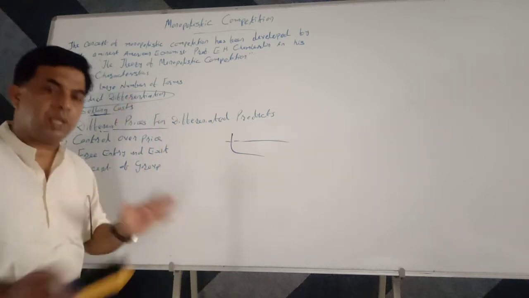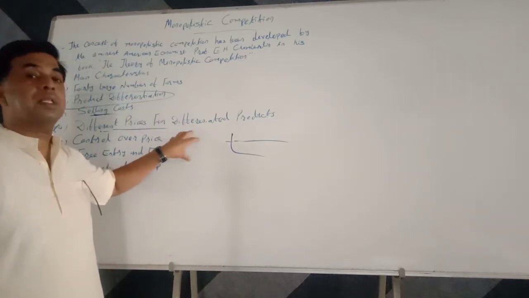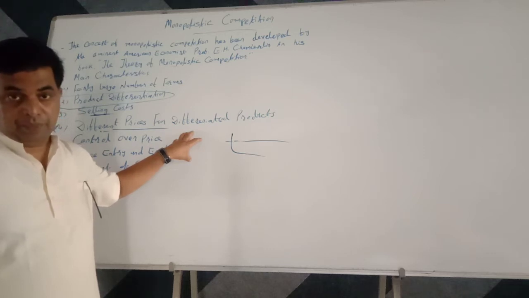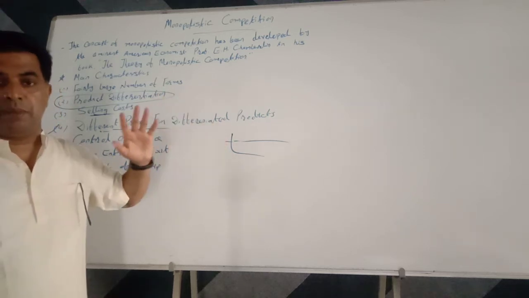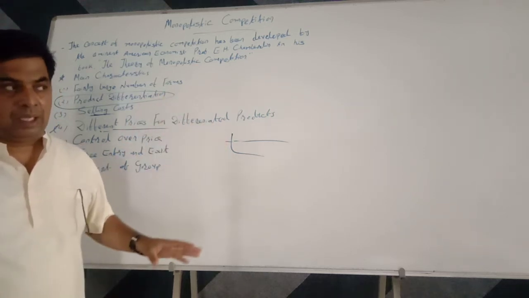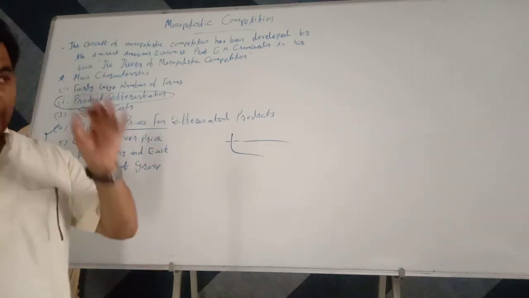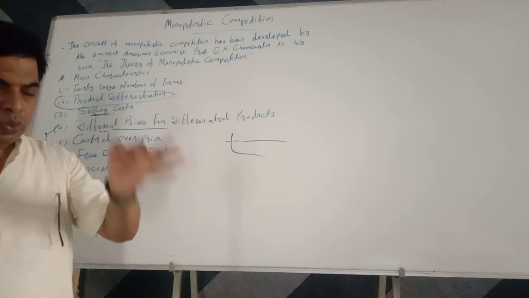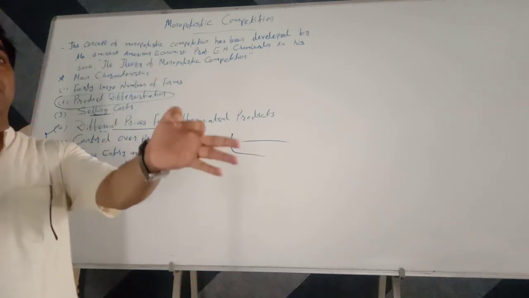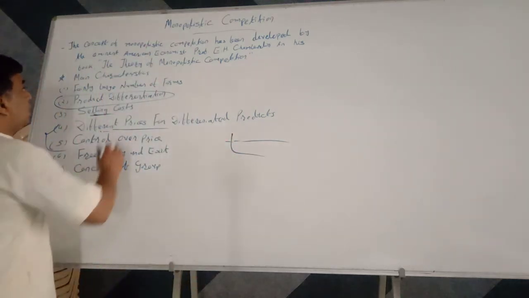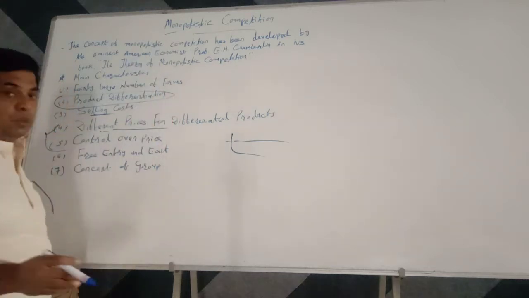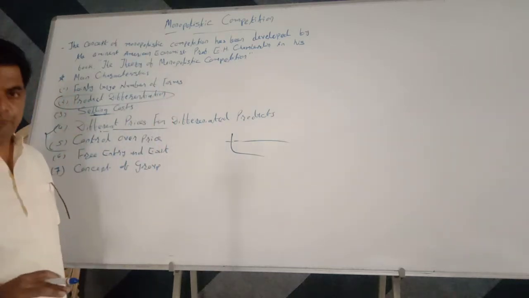They are perfect substitutes of each other. Here products are differentiated. Difference in brand name, difference in taste, difference in quality, etc. So there is a different price for differentiated products. And there is some amount of control in price. That is why it is known as monopolistic competition, because there is an element of monopoly.